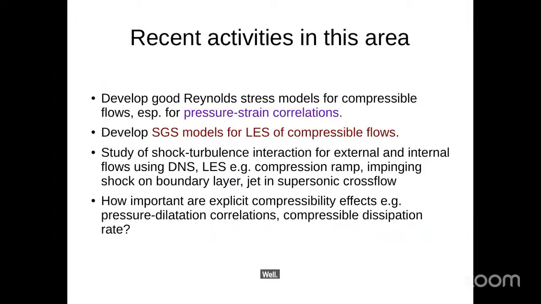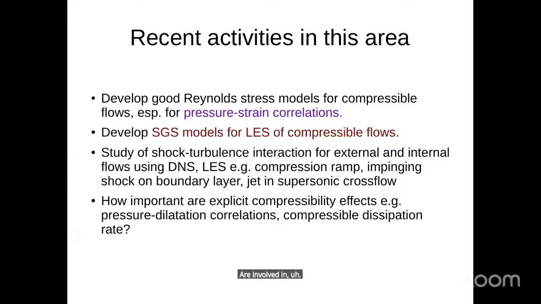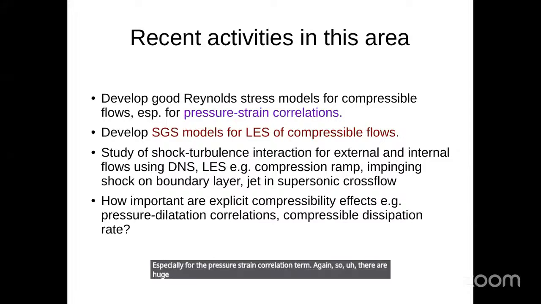Now, the community who are involved in turbulence research, and especially in compressible turbulence research, are involved in developing proper models for Reynolds stress equations, especially for the pressure strain correlation term. As also, there are huge efforts in developing SGS models, that is subgrid scale models, for the LES of compressible flows.